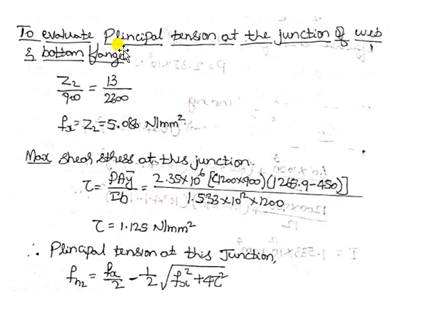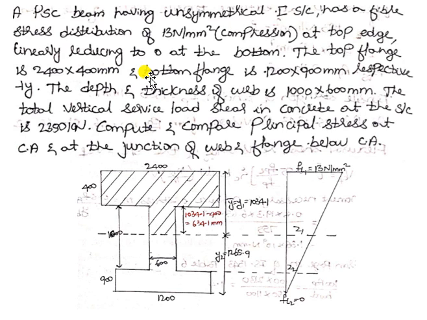Now to evaluate the principal tension at the junction of the web and the bottom flange, let us consider this junction as Z2, that is the stress in the member is Z2. So we know here it is 13 and here it is 0.